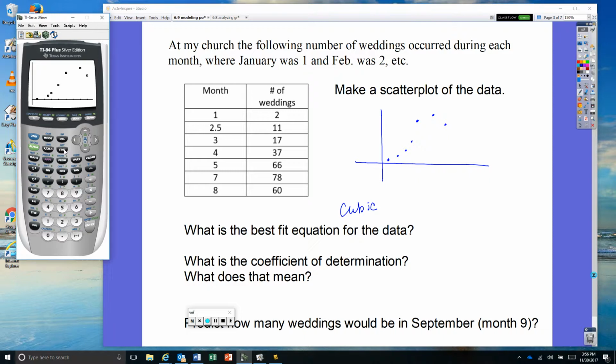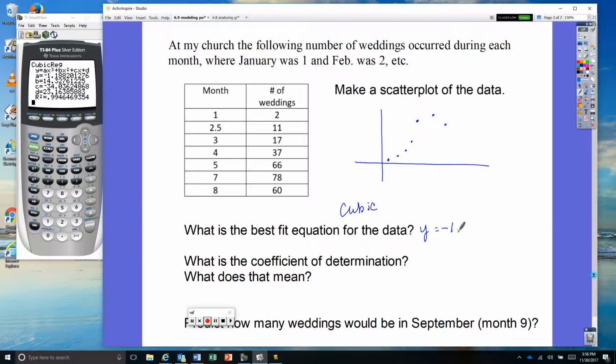So I'm going to go stat, calculate, cubic. Enter. So I get y equals negative 1.1882x cubed plus 14.3276x squared minus 34.0362x plus 23.1639.